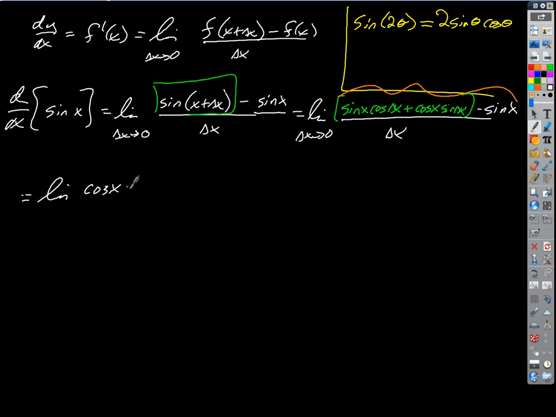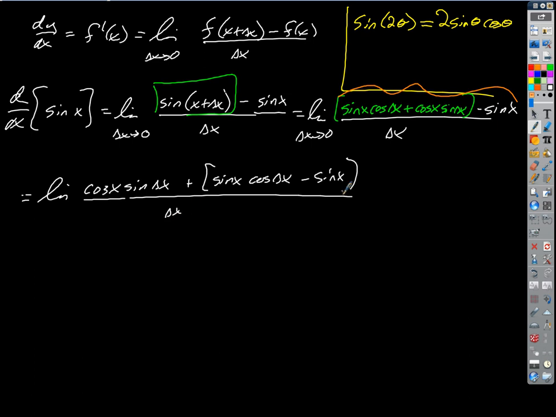Cosine x sine delta x plus sine x cosine delta x minus sine x, right? All over delta x, but we're going to go ahead and group those together, right?